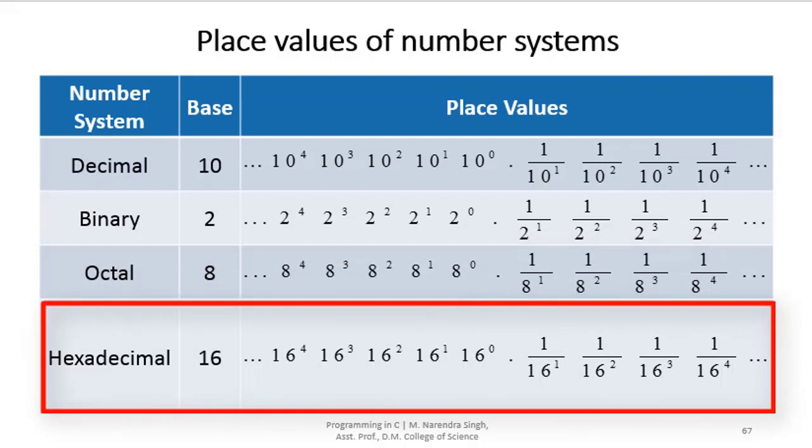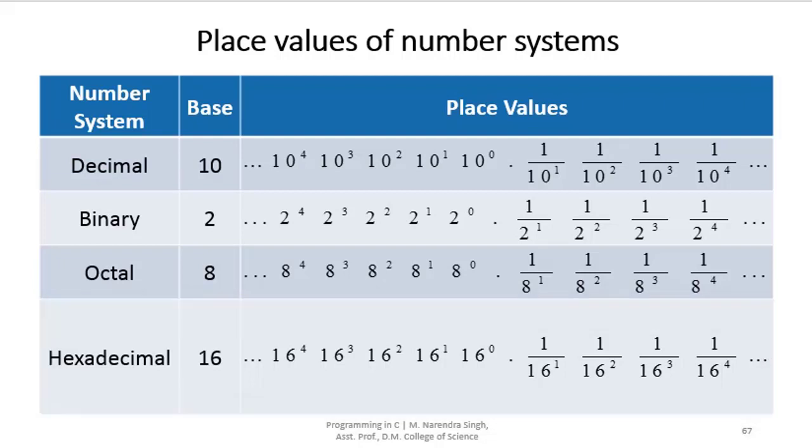In case of hexadecimal system, which is base 16, the place values to the left of the point will be 1, 16, 16 square, 16 cube, and 16 to the power 4, and to the right of the point it will be 1 by 16, 1 by 16 square, 1 by 16 cube, 1 by 16 to the power 4, and so on. Once we know the place values of digits in binary, octal, and hexadecimal, we can now easily convert any number given in binary, octal, and hexadecimal to equivalent decimal number.